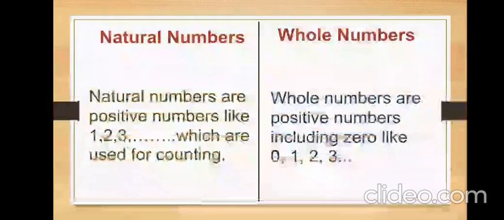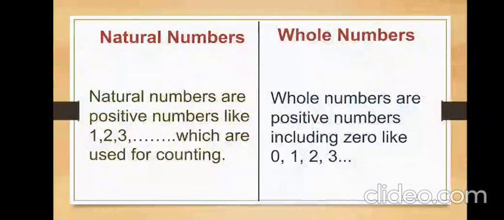What are natural numbers? Natural numbers are positive numbers which we use for counting. That is 1, 2, 3, etc. What are whole numbers? Whole numbers are also positive numbers including 0.